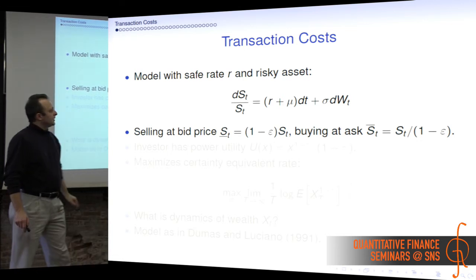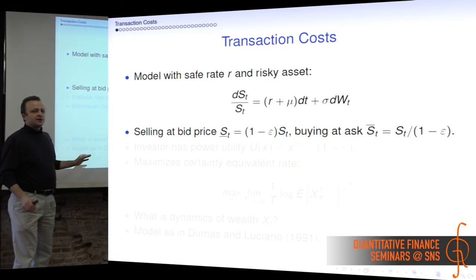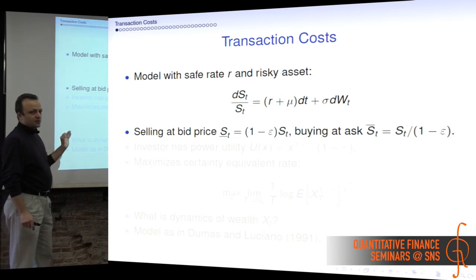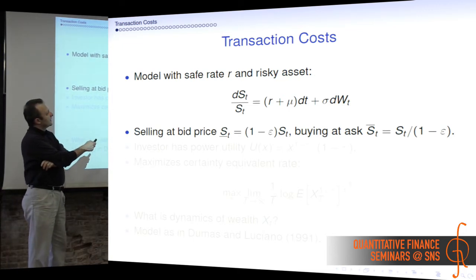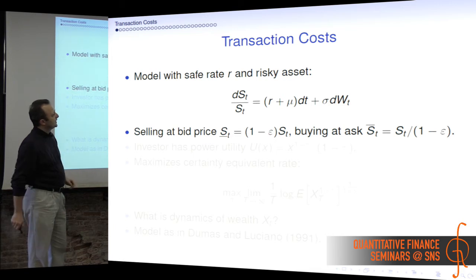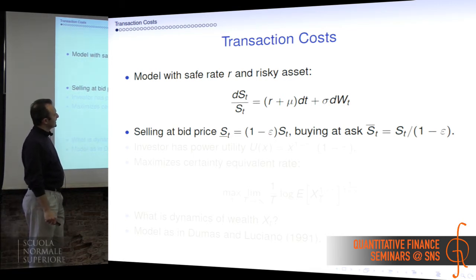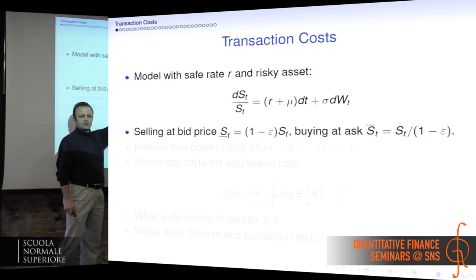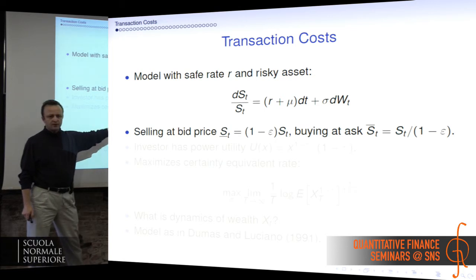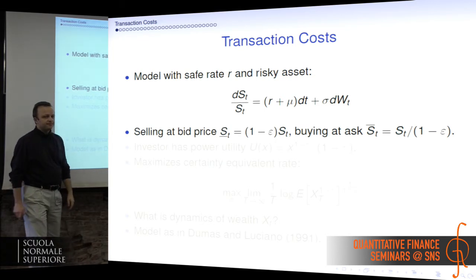For the sake of simplicity, we're going to consider the simplest possible model, which is geometric Brownian motion. So we're going to have some constant interest rate, some constant risk premium, and some constant volatility. Okay? So the novelty here is that we have two prices. That's the only novelty. Otherwise, we would be talking about the Merton problem that we discussed on the first day.